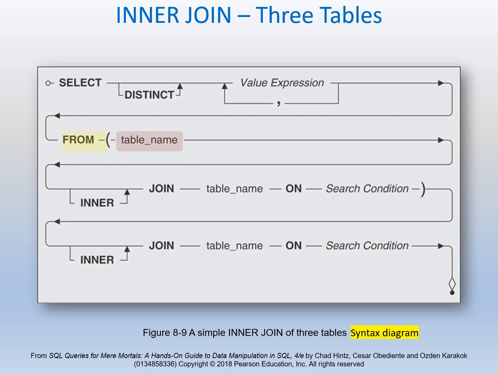We use column aliases in our previous simple queries. In this syntax diagram, we see that we can use aliases on our table names, which is an advantage since with joins we are specifying at least two tables.